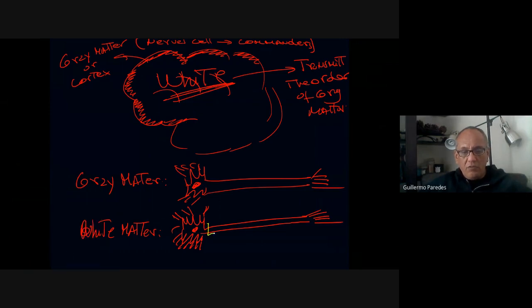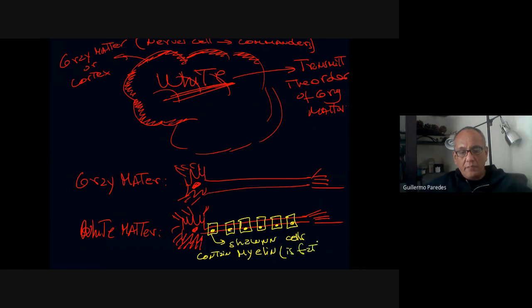In addition, those are the Schwann cells, which are going to be surrounding the axon. So these are the Schwann cells that contain myelin. What is myelin? Myelin is a type of fat.